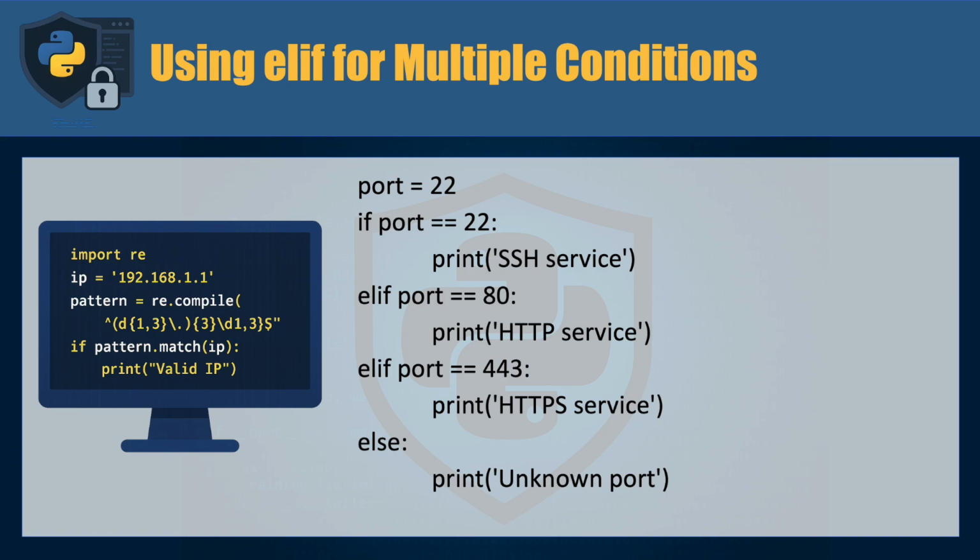If the port is equal to 443, then we'll print HTTPS service. Otherwise, we'll print out unknown port. Now this will have value as we progress through the course and work on Savage Scan, which is basically a network scanning utility for offensive security professionals.